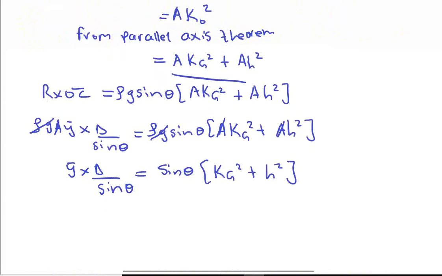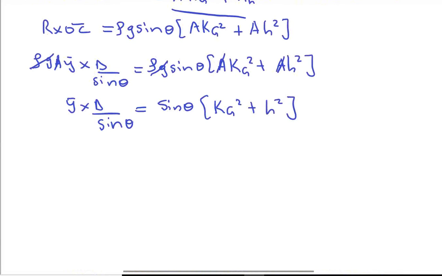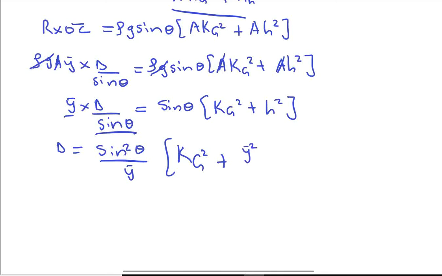So I substitute my H here with y bar over sine theta. I'm also going to put this y bar over sine theta to the other side, so that it becomes sine squared theta over y bar equals K G squared plus y bar squared over sine squared theta.